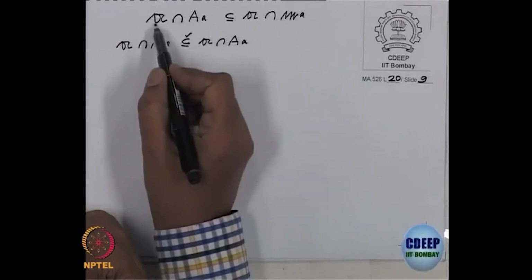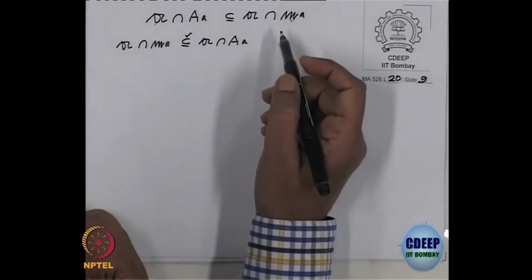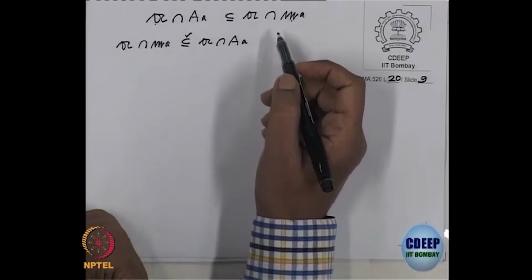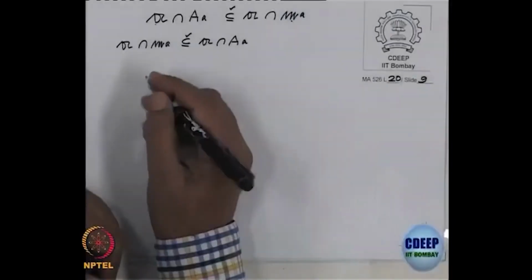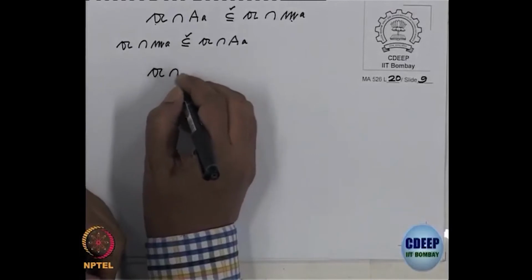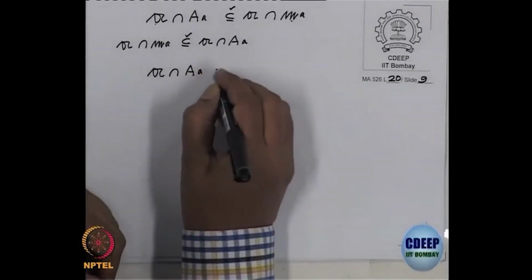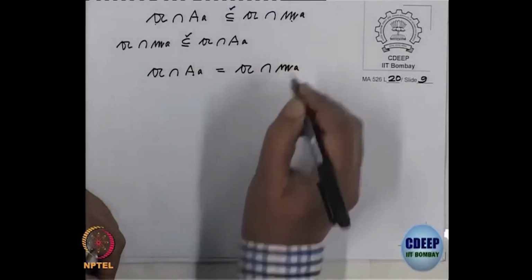If it is in the ideal, then B has to be in M, that is what we want to prove, but that is clear because of the minimality. So, this is clear, this is clear, therefore, what we got is they are equal. So, A intersection A times A is the same as A intersection M times A.